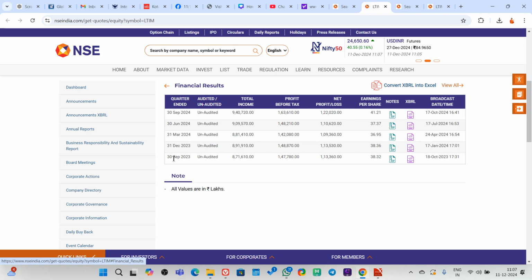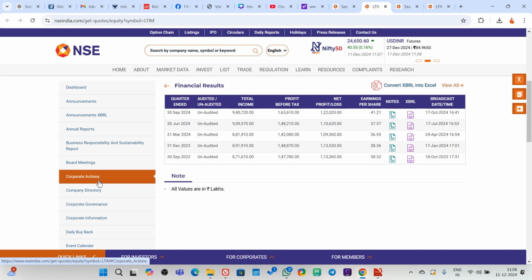Likewise, you can see from 30th September 2023. See here, 1,13,000, 1,13,000, 1,09,000, 1,10,000. There are small fluctuations here, but we can ignore them. This indicates that this stock is moving consistently upwards, step by step. You can have the detailed report in this notes tab.